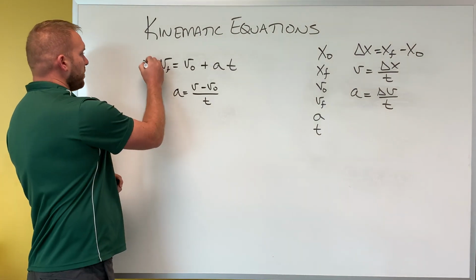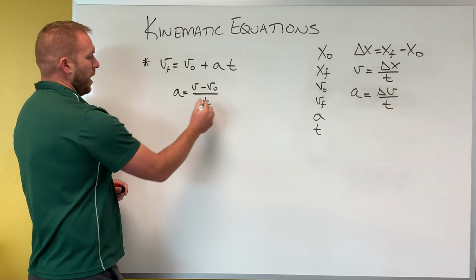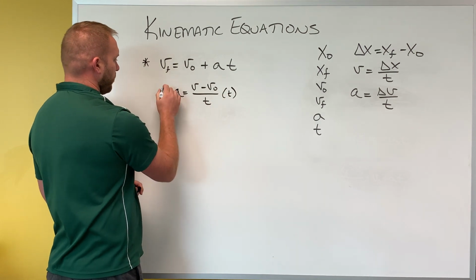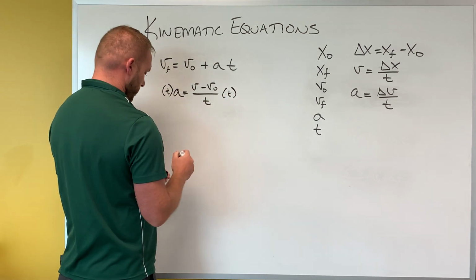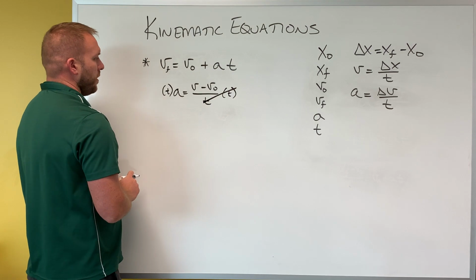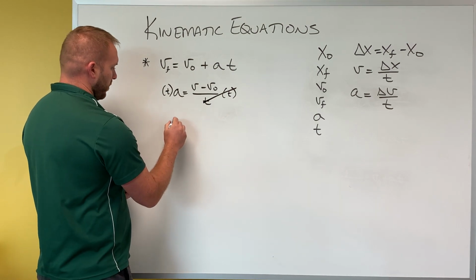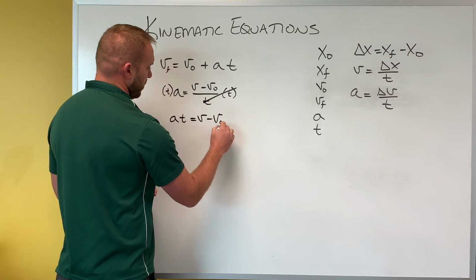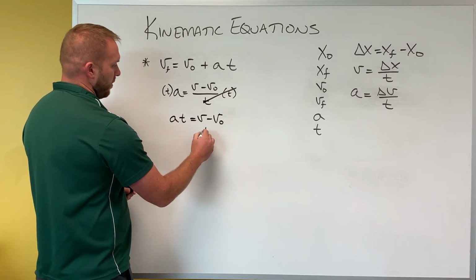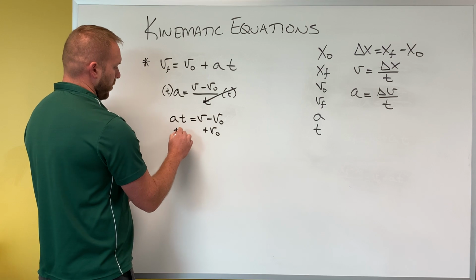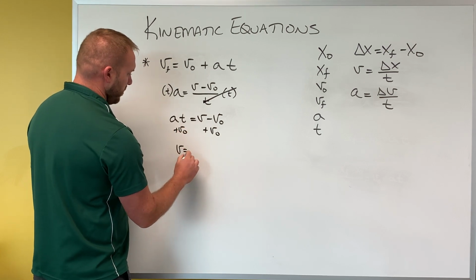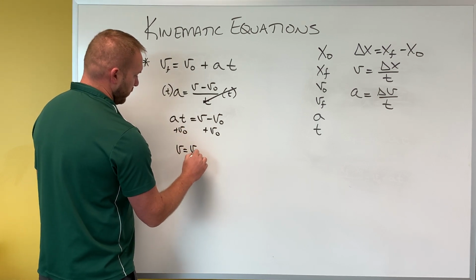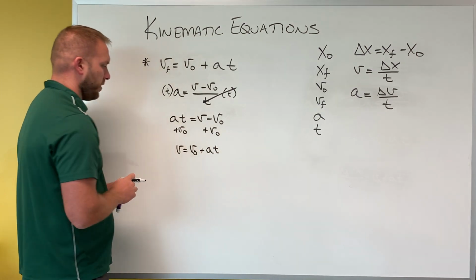To show you how you get to this main equation here, I would multiply each side by time. That cancels those times out. And then I would have acceleration times time equals velocity minus velocity initial. And then I would add velocity initial to both sides. And I get velocity equals velocity initial plus acceleration times time.